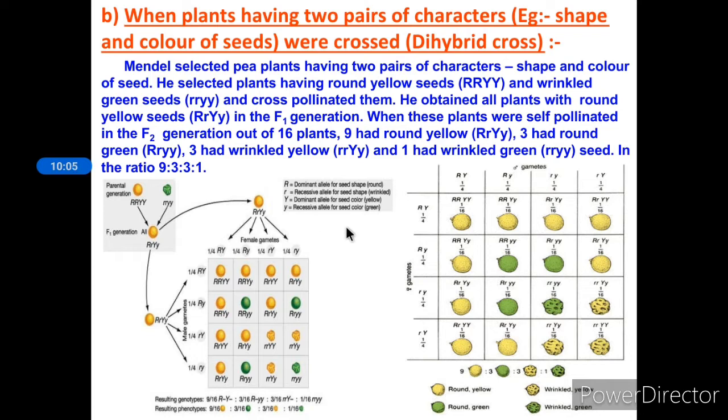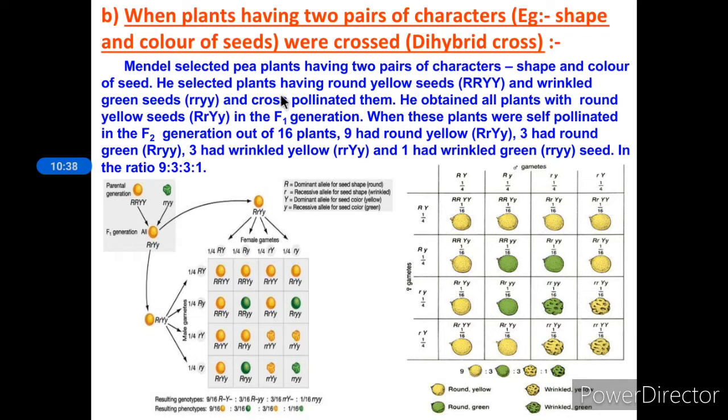He selected plants having round yellow seeds, which is represented by capital R, capital Y, that is capital R for round and capital Y for yellow, and wrinkled green seeds, that is small r and small y.